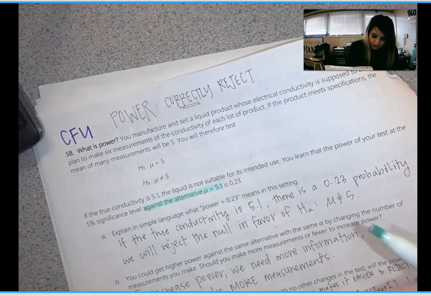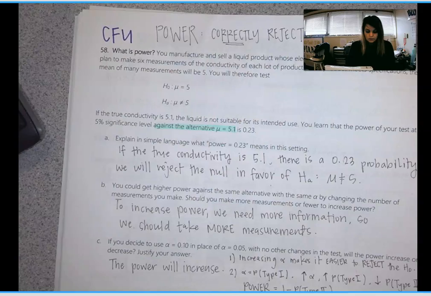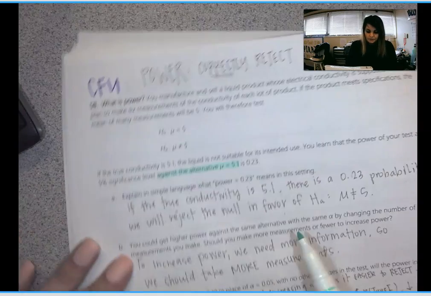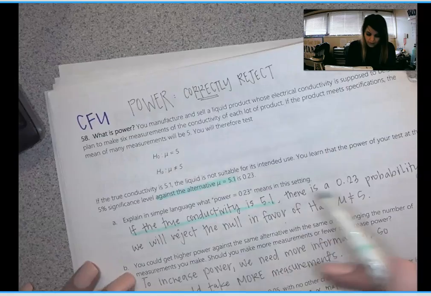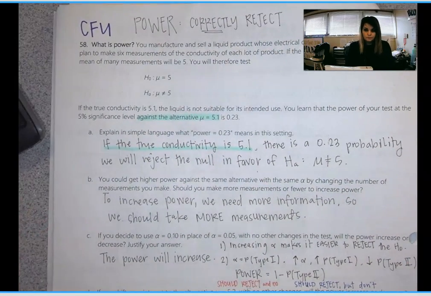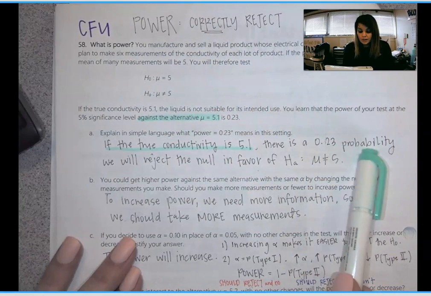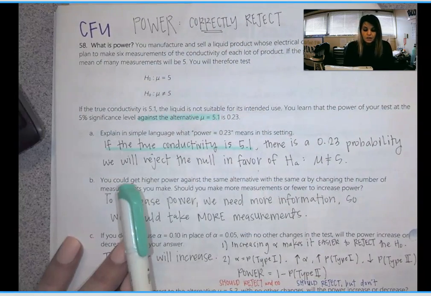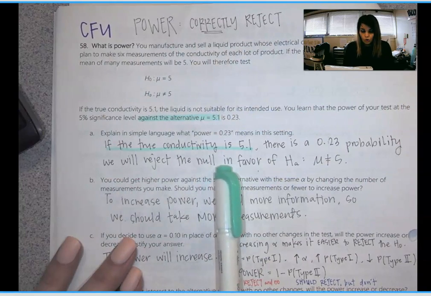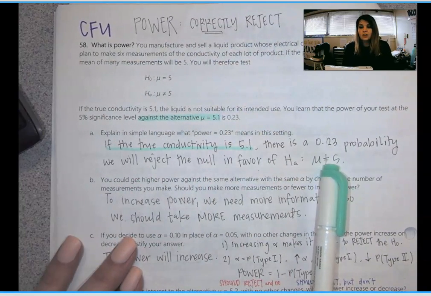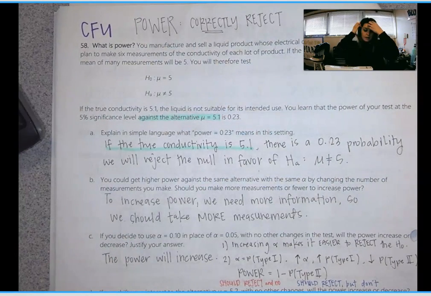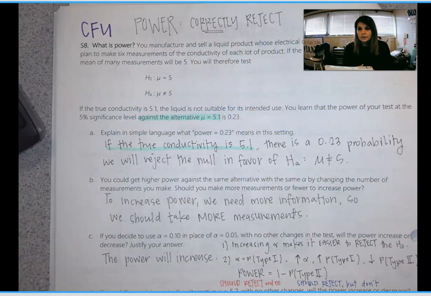Against the alternative 5.1, what they're meaning is if the true value is 5.1, there is a 23% chance or a 23% probability that we will reject the null in favor of the alternative. So if the true mean is 5.1, the chances that we will correctly reject is only 23%.